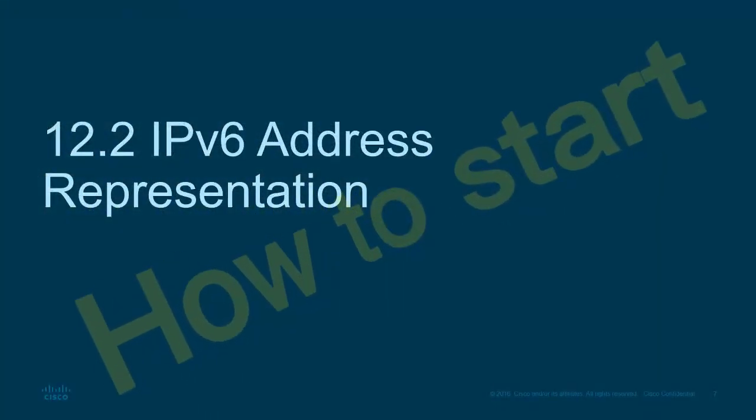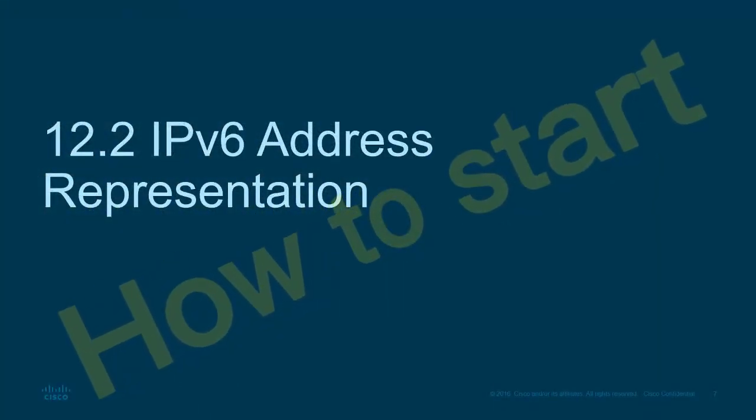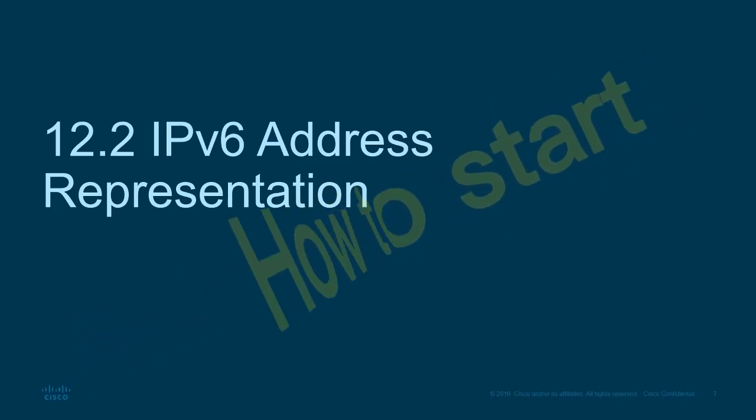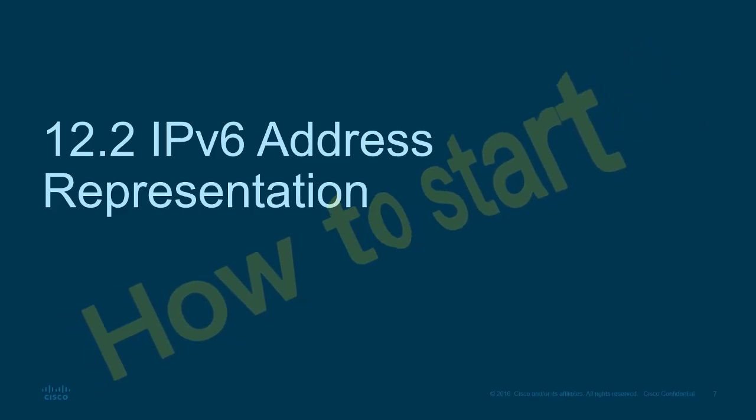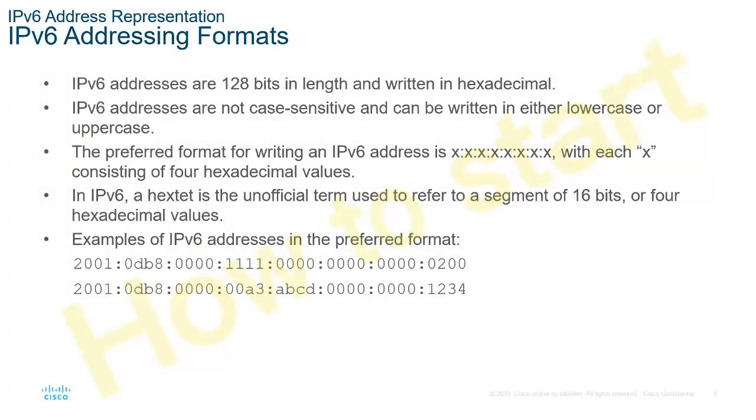So let's go ahead and let's talk about address representation. How do we represent 128 bits? We no longer do this in binary. We actually do this in hexadecimal. The IPv6 addresses are not case sensitive, so uppercase, lowercase doesn't matter. It's all the same.